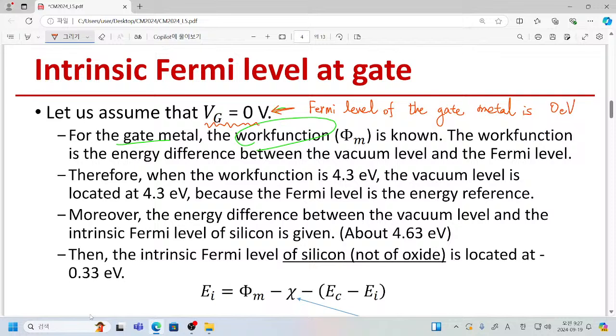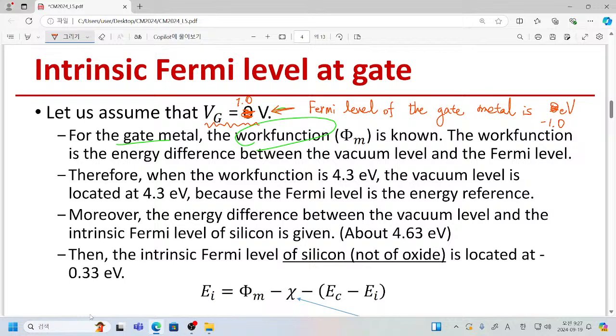For example, if we have a condition like gate voltage equal to 1.0 volt, then we have to say the Fermi level of the gate metal is now, instead of 0 electron volt, minus 1.0 electron volt. Okay, are you with me?